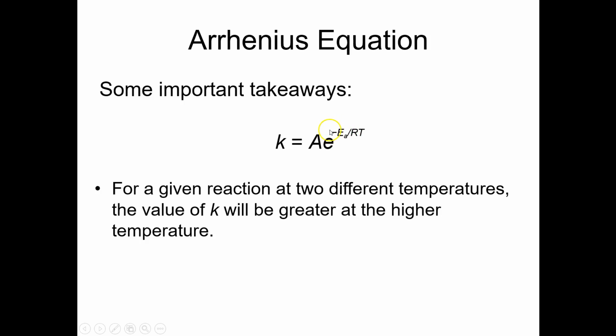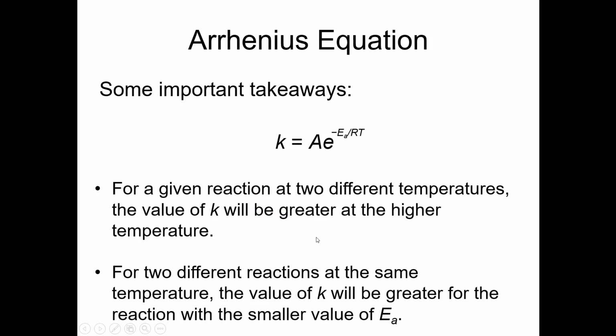Because it's a negative, a decreased exponent is going to mean a larger value for k. As temperature decreases, the magnitude of this whole exponent increases. Because it's negative, k is going to be smaller. So higher temperature, bigger k, lower temperature, smaller k. The other important thing is this.